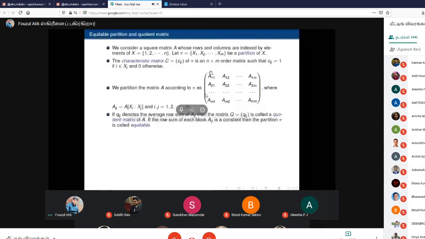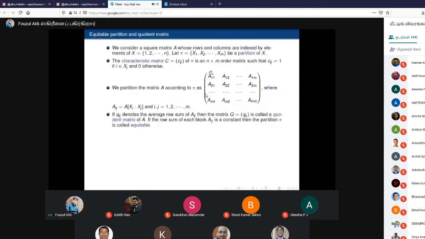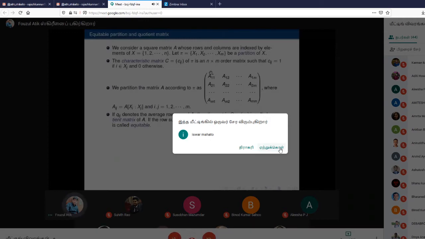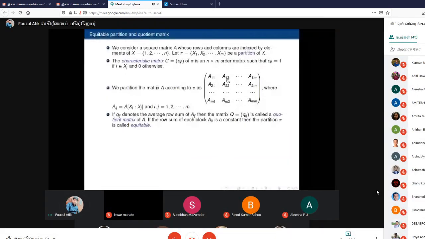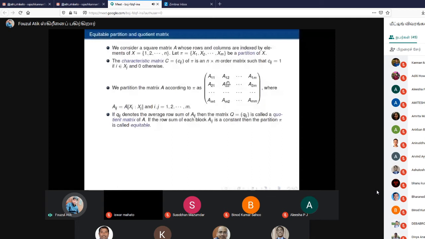Again, the block A12 may have a different sum, but within A12 all the row sums are the same. If this is the case for all the blocks, then we say the partition pi is equitable. I will come up with an example so you can understand very clearly.